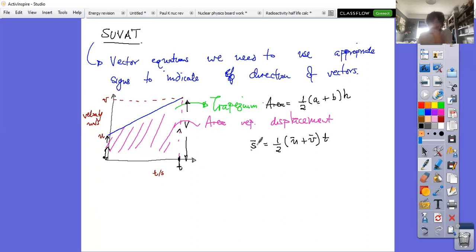What other equations do I also know? What is this quantity here, initial plus final velocity divided by 2? U plus v divided by 2, just this part here, what does this represent? Any ideas?